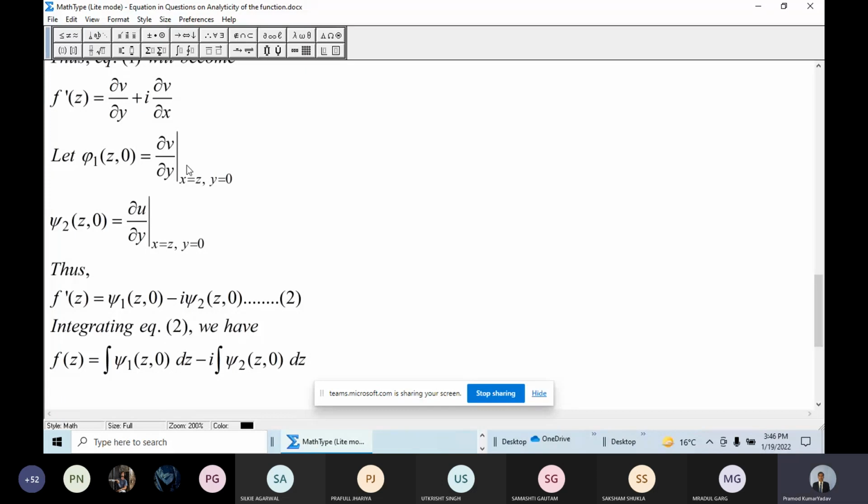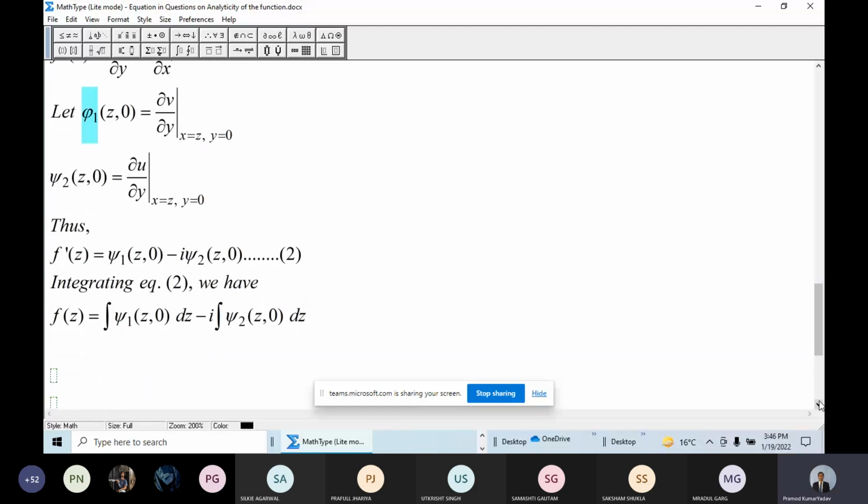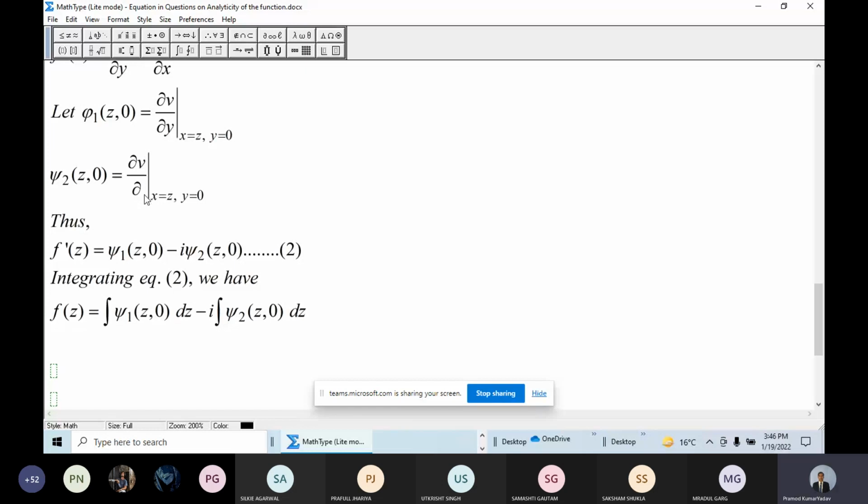Same concept, nothing is going to be changed. And phi 2 is del v by del x at x equal to z and y equal to 0.